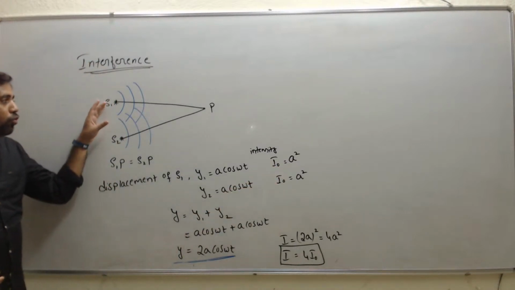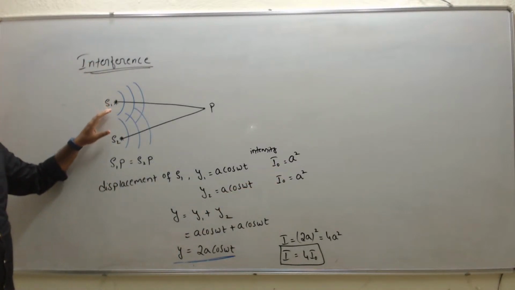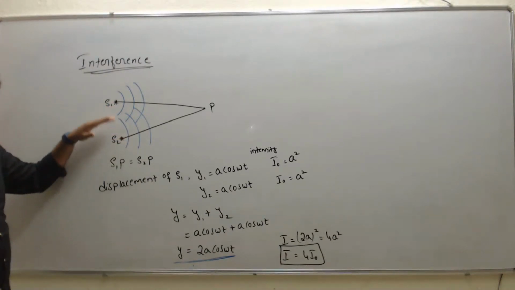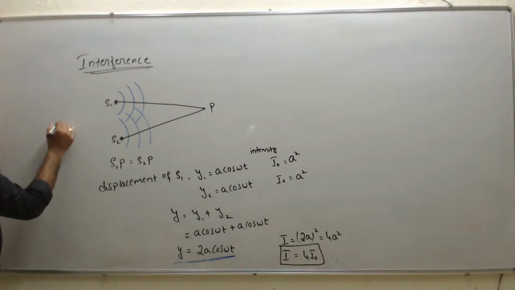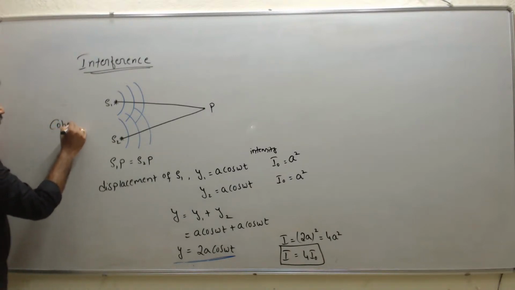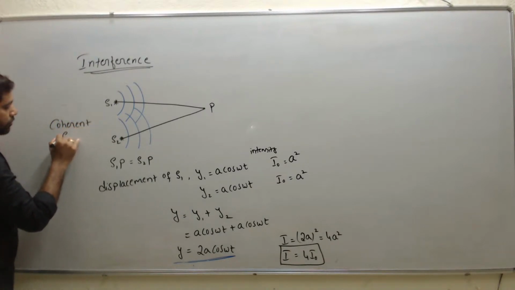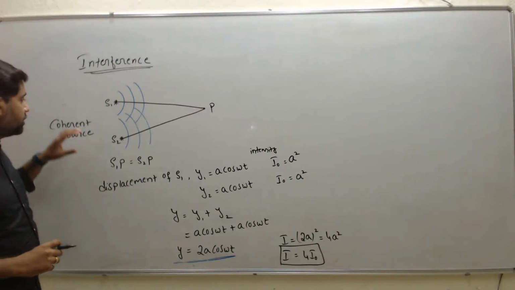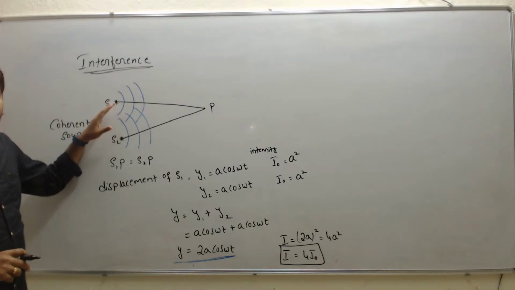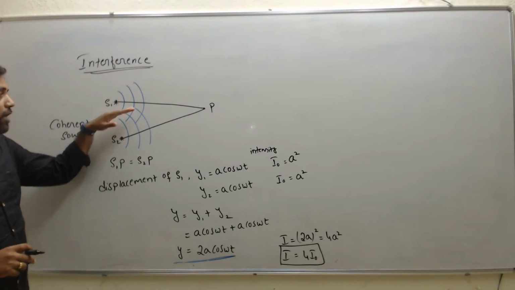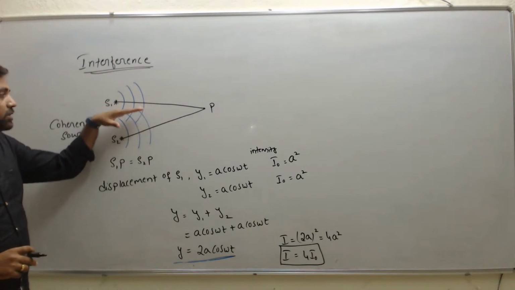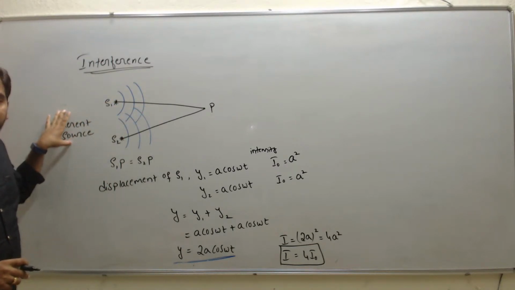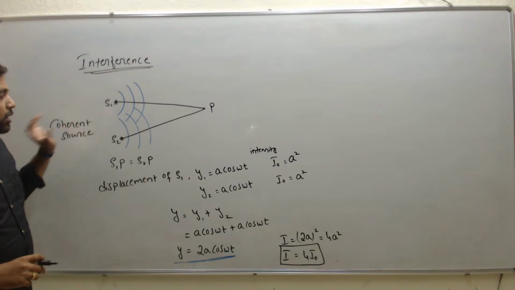So if the two wave sources are producing wavefronts which are in phase, then the sources are called coherent sources. So what are coherent sources? The sources which emit wavefronts vibrating in phase are called coherent sources, right?